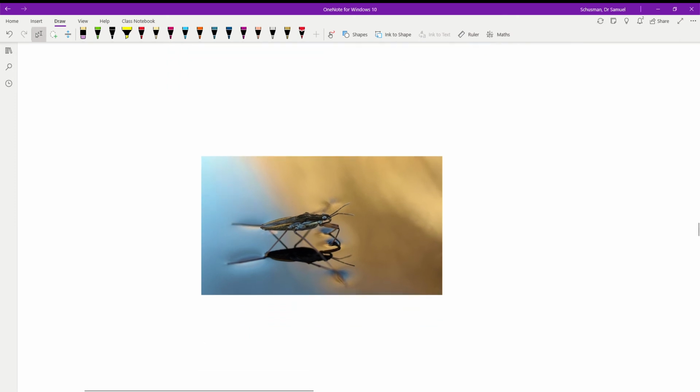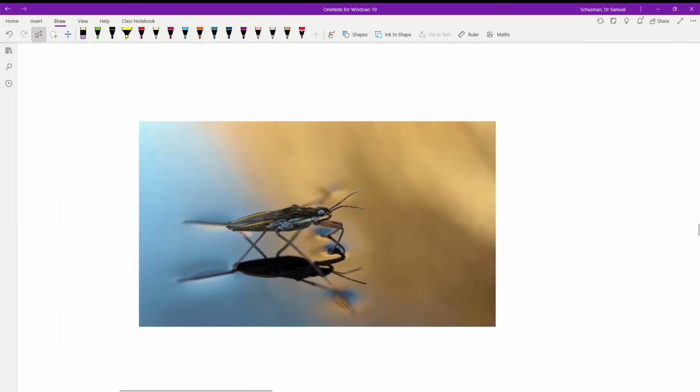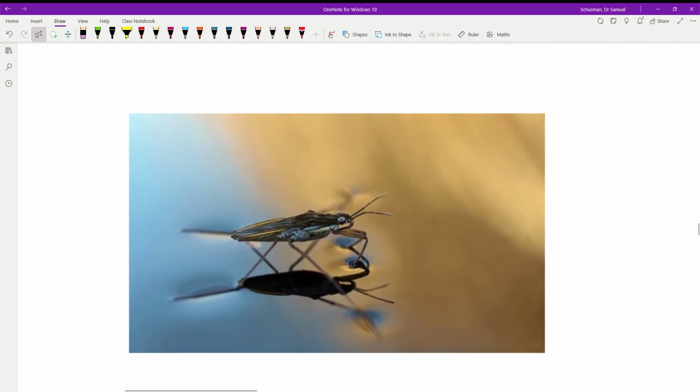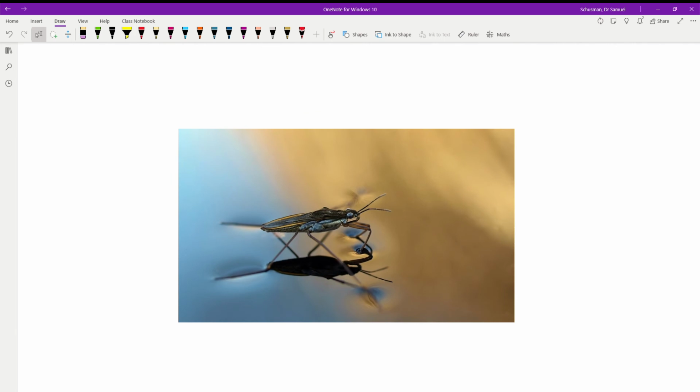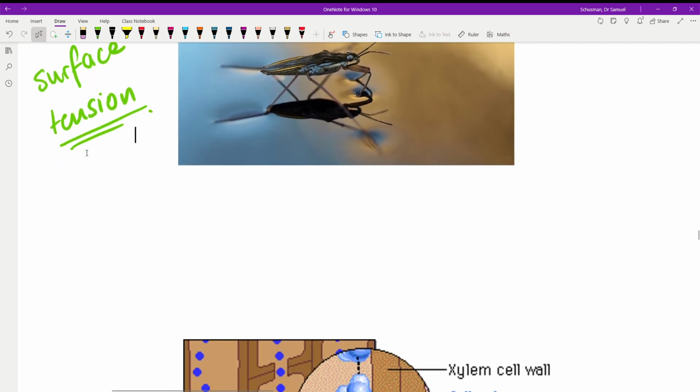And some animals, such as pond skaters or water boatmen, can actually use that surface tension to walk on water in an almost biblical fashion. Okay, so that is one of the properties of water, that it creates surface tension at an air-water interface, and occasionally animals and plants can use that to their advantage. So not the most important, but it's still there.